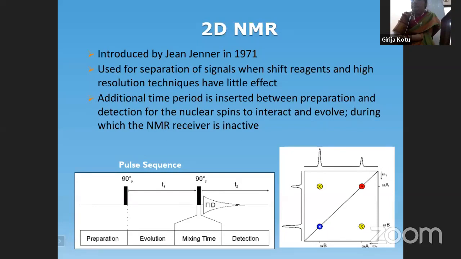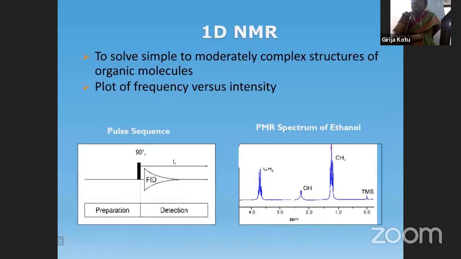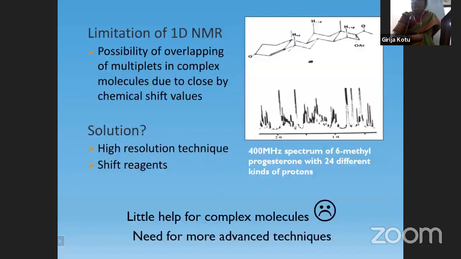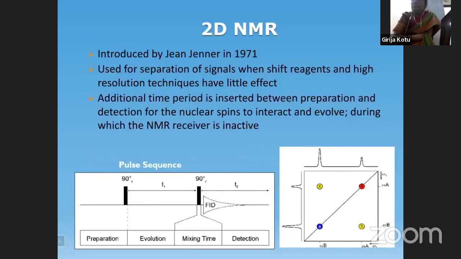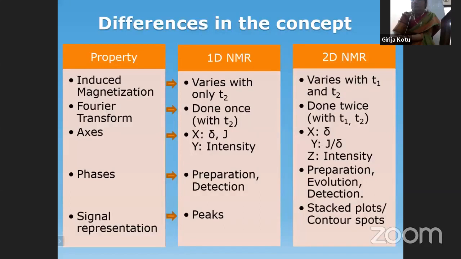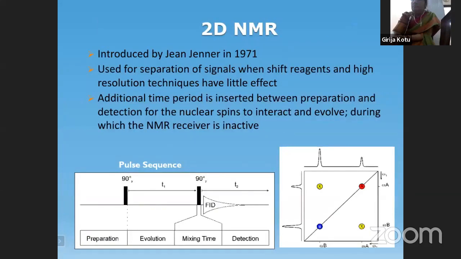In 1D NMR, if you have observed, there is preparation and detection. That means as soon as a pulse is given, immediately the signal is detected. Whereas in the case of 2D NMR, an additional time interval is inserted between preparation and detection. That period we are calling evolution, and sometimes it is either 3 periods or 4 periods.